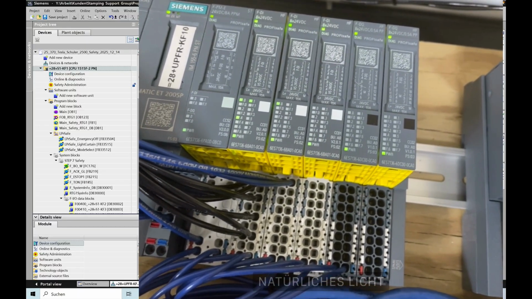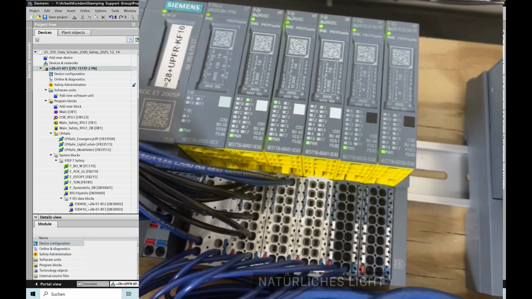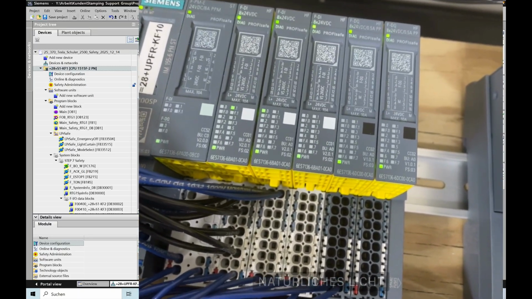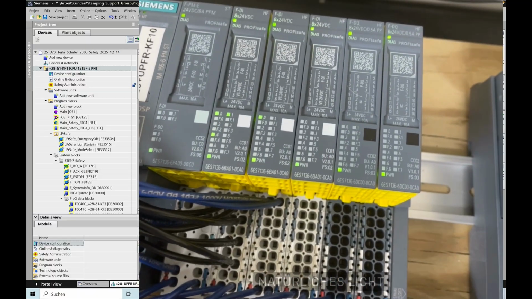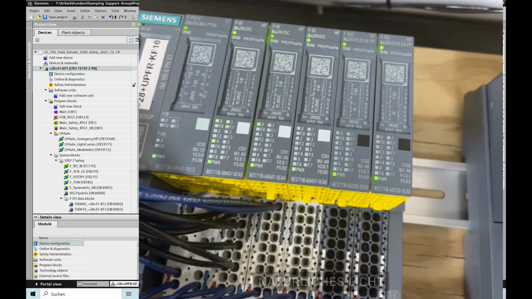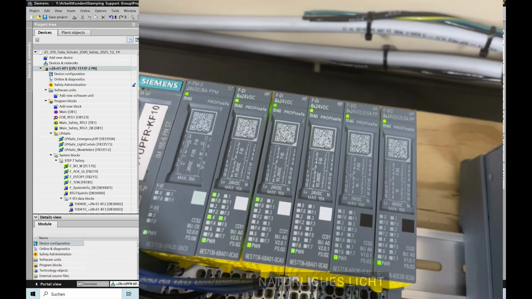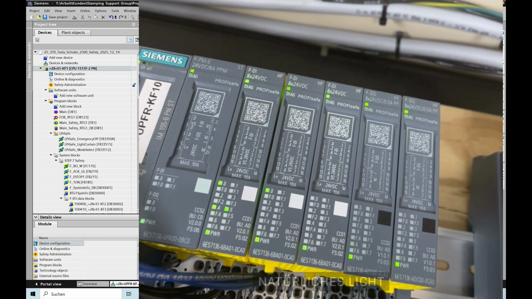So if I push the E-stop, you will see those two inputs turning off, being equivalent, and with the non-equivalent, you will see one input turning off and the other input turning on. So this is the non-equivalent. Did something change here or not?